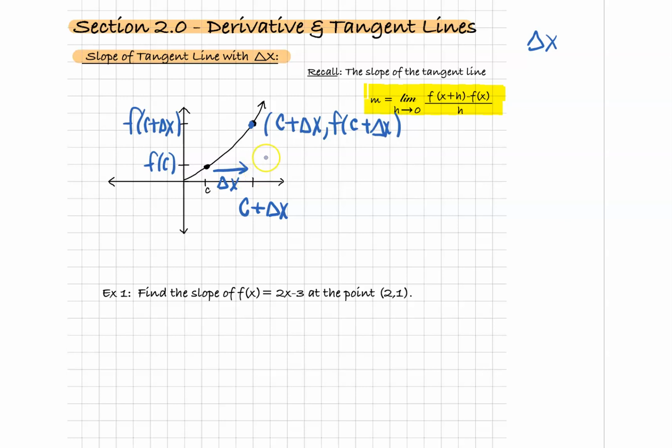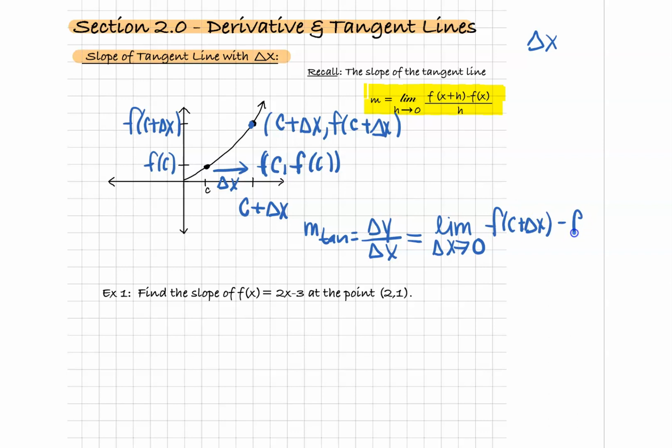The point that we started at, or are trying to get to, is C, comma, f of C. Taking all that into account and looking at the slope of the tangent, which I wrote as delta y over delta x, that would be equal to the limit, because we're doing the tangent, as delta x approaches 0, of f of C plus delta x minus f of C, all over delta x.